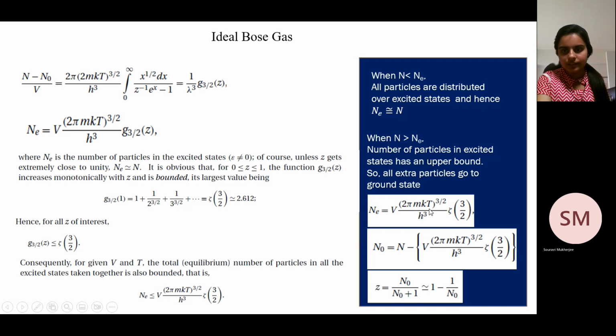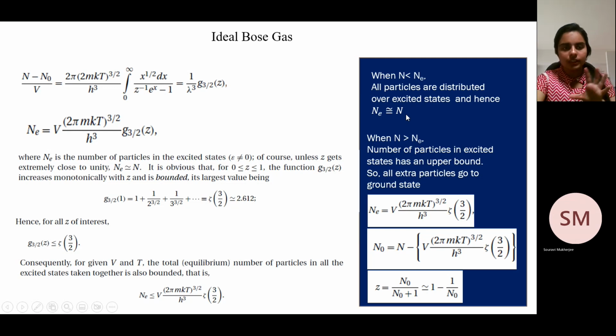When Z gets extremely close to unity, this is the case when N is much greater than Ne, so Ne cannot be approximated as N, because N0 is quite significant there. But otherwise, when Z is much less than 1, you can always approximately replace Ne by N.